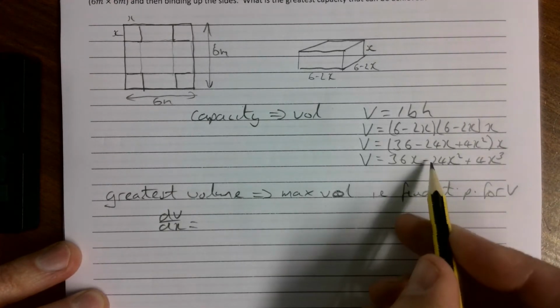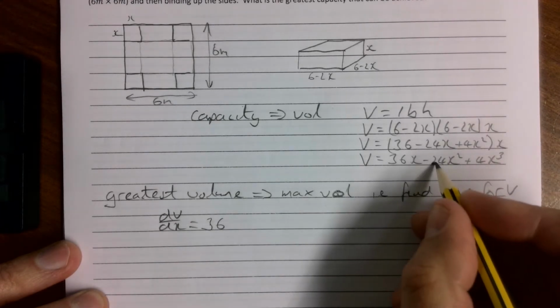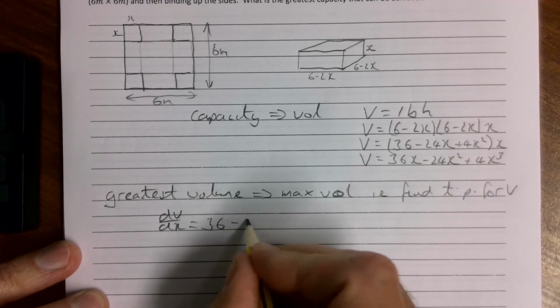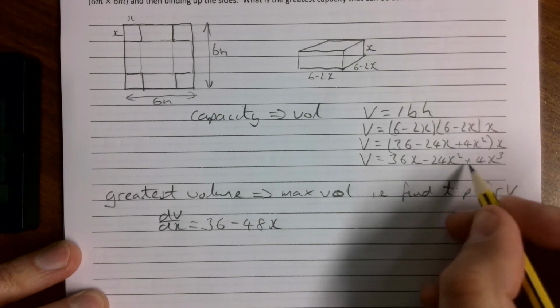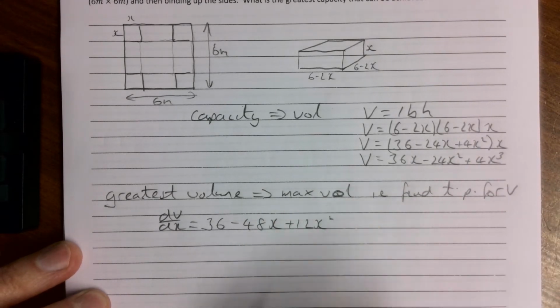So we're differentiating this, so it's going to be 36, 24 times the 2 is minus 48x, plus 12x squared.